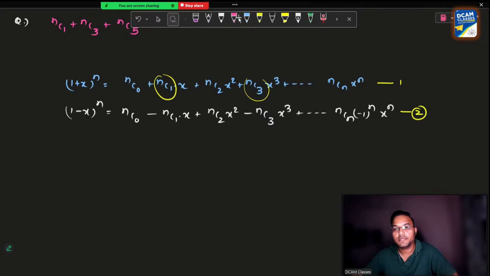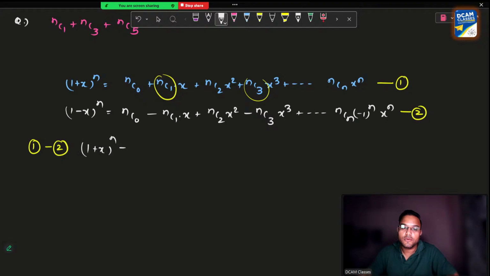So now I'll be subtracting them. 1 minus 2, what will I get? (1 plus x) whole power n minus (1 minus x) whole power n.